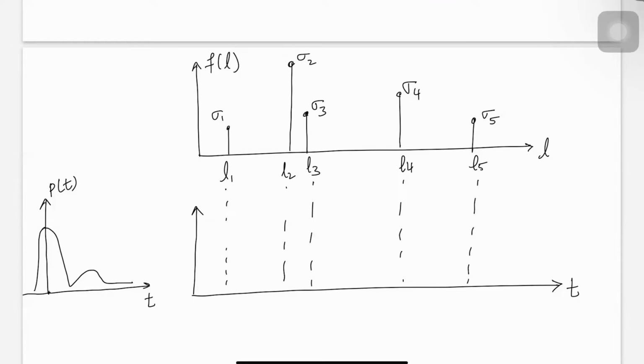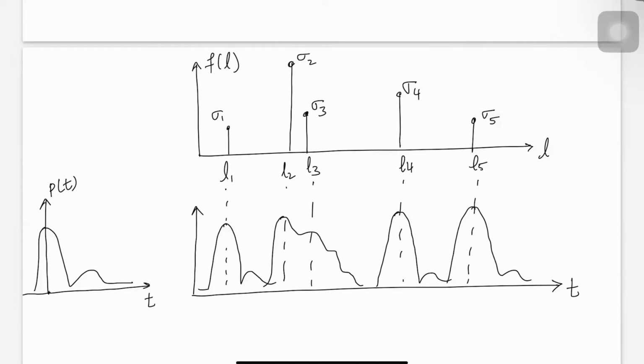And then I have to sum them up, right? So let's say for the first one, it looks the same, something like this. And then for this one, it starts looking weird because you have two of them close by. And then the third one, something like this. Maybe the fourth one also looks something like this. So this is what my signal looks like.